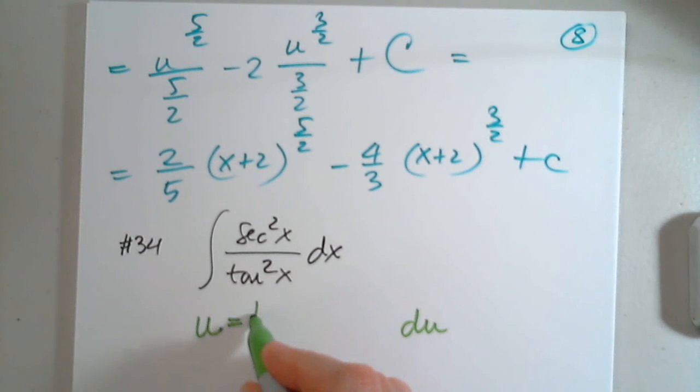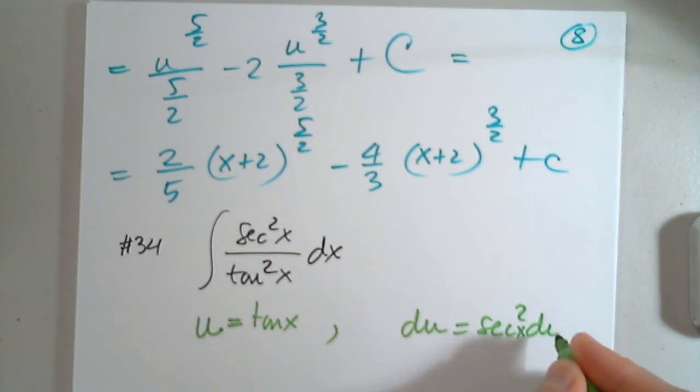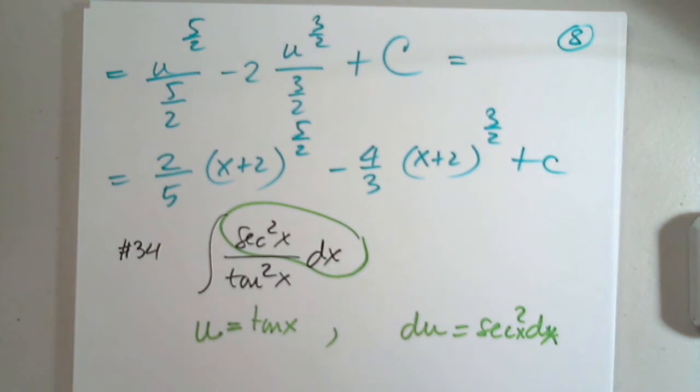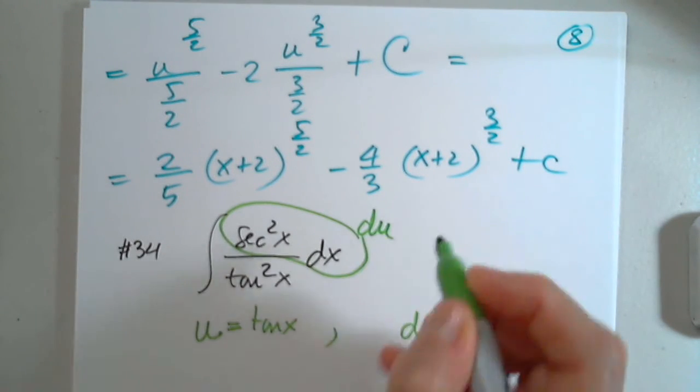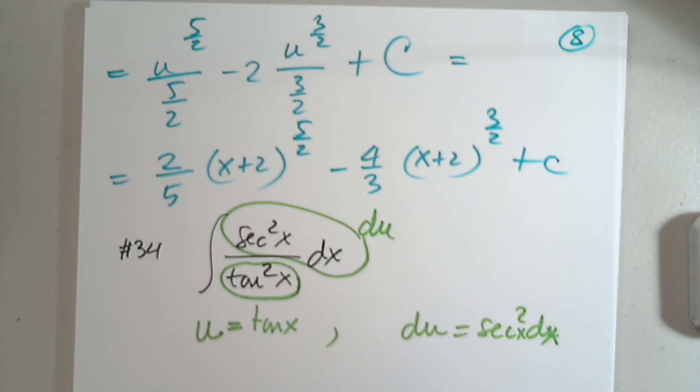But if I use tangent, the derivative is secant squared dx. So what is this then? du. That's it. What is this then? u squared.